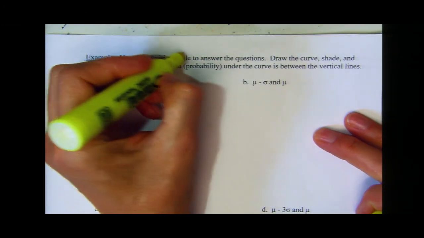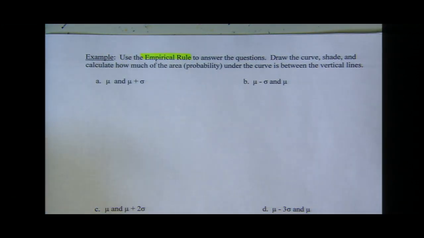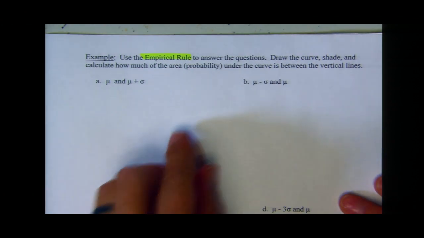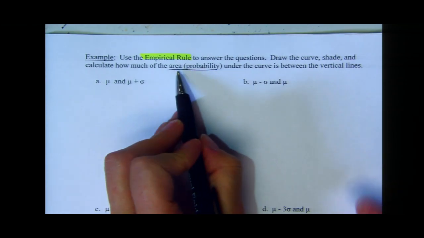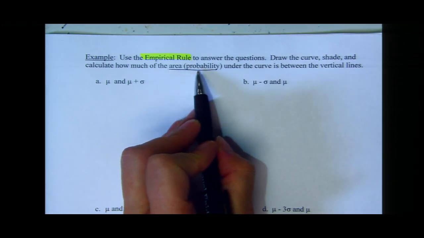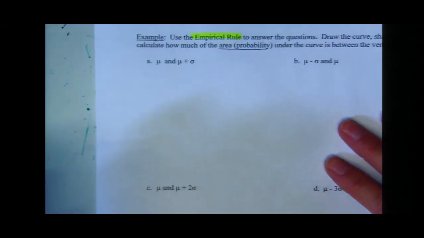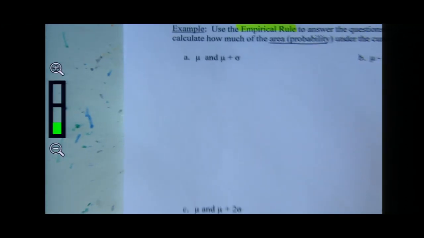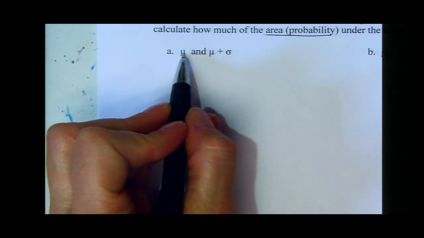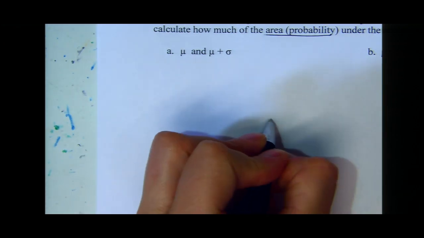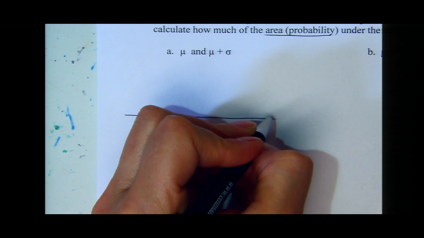Use the empirical rule to answer the questions. It wants us to draw the curve, shade and calculate how much of the area, probability, remember area we give our answer as a percentage, probability is a decimal, under the curve between the vertical lines. All right, I'm going to do this where we can get a little bit closer. So my vertical lines are going to be at mu and mu plus 1 standard deviation. So I'm going to draw my curve, and I have a normal curve.